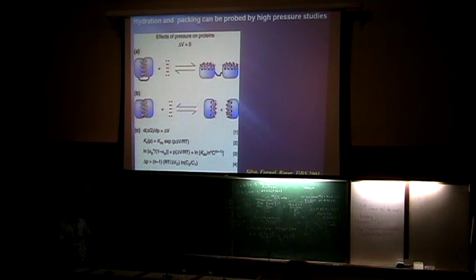when you use high pressure, you are affecting predominantly the hydrophobic interaction. You are shifting the equilibrium towards smaller volumes, you are releasing those cavities, you are hydrating the hydrophobic surface, or polar surface.